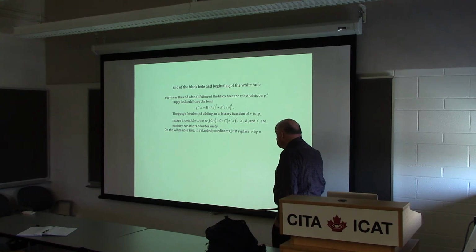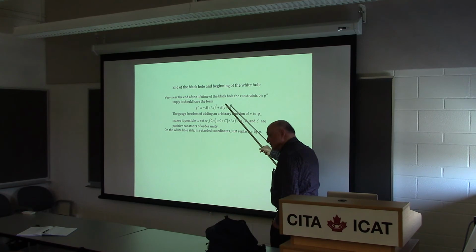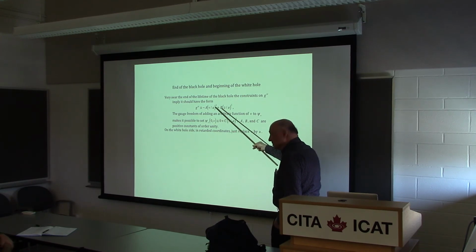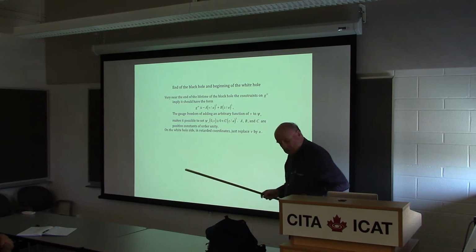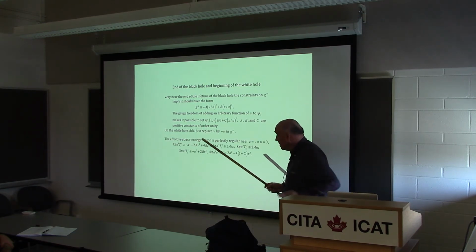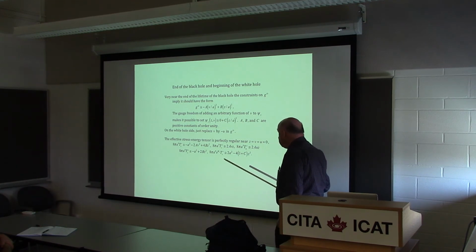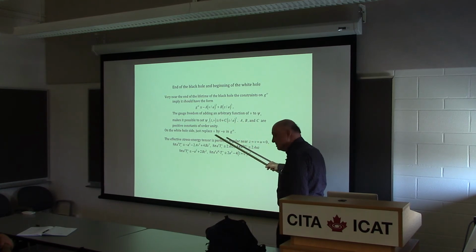And now on the white hole side, G_ZC is the same, so all we have to do is change v to u by saying v is equal to minus u, but that just means we replace v by u there since it's squared. Okay, and then from the metric, from the G_ZZ, we can now just calculate what this effective stress tensor is.